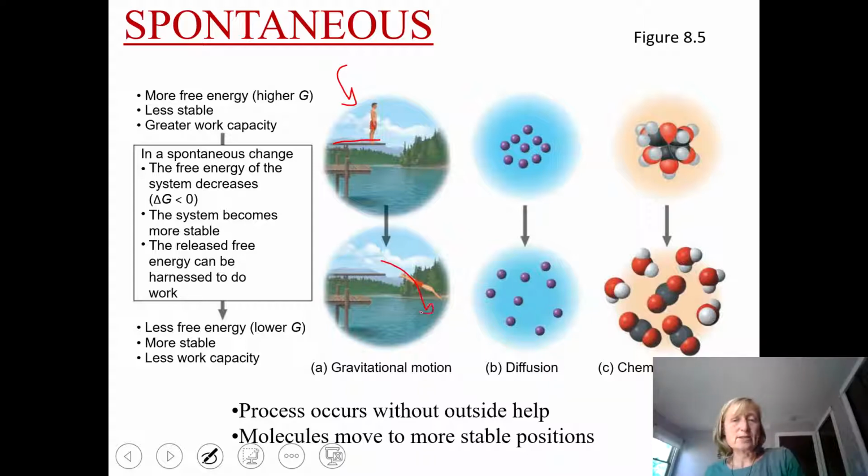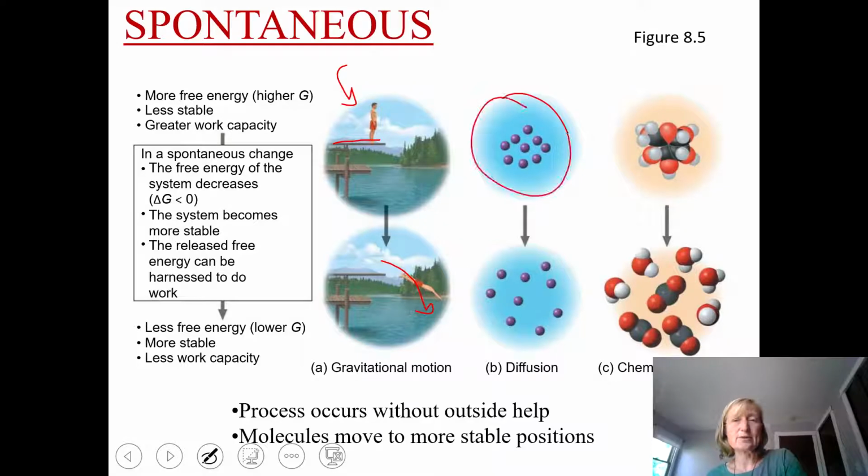Then he dives and he lands in the water. This reaction is a downhill or energetically favorable reaction. The diver goes from a less stable to a more stable place. It's energy releasing. And that energy that's released can be used to do other things.